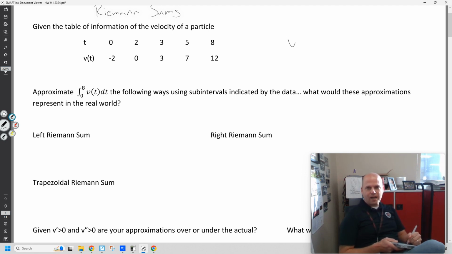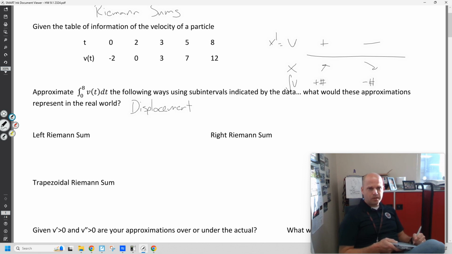So remember, velocity values are derivatives. Velocity being positive, being negative, tells us about our position increasing and decreasing. Remember that the area, the accumulation of velocity, is how much our position increases or how much our position decreases, or it's the displacement.